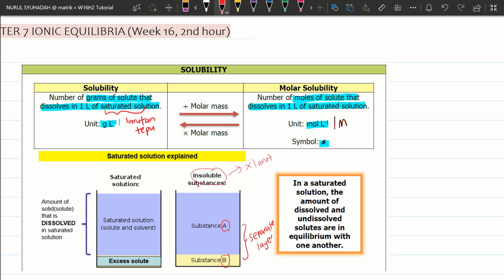But a saturated solution is slightly different.